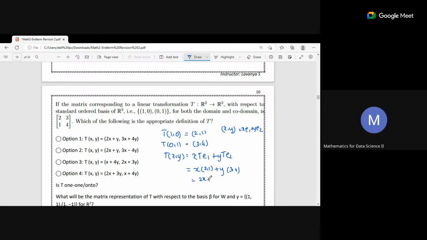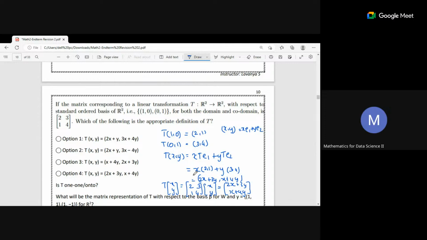So (2x plus 3y, x plus 4y). Since it is only in the standard ordered basis case, you can straight away do this. T of (x, y) is (2x plus 3y, x plus 4y).